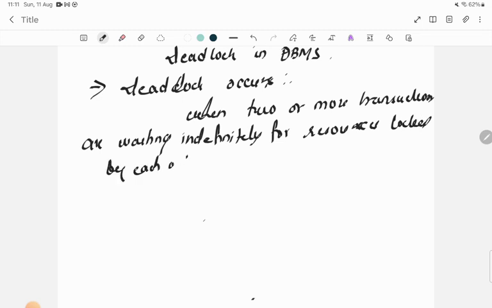So I'll explain this. Locked by each other, see what it is saying? It says that if there are two transactions or two processes and they are waiting for the resources which have been locked by the other process.